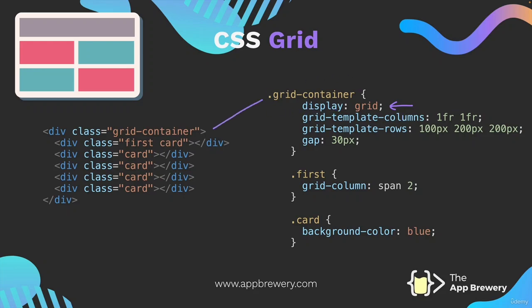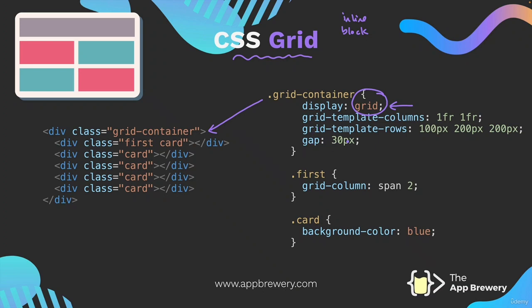So this is going to be applied to this one right here. And remember previously we learned about display and we saw how it could be inline, it could be block, it could be none. And in this case, if we set it to grid, then we're basically saying that we're going to use this system of CSS Grid to do the layout.